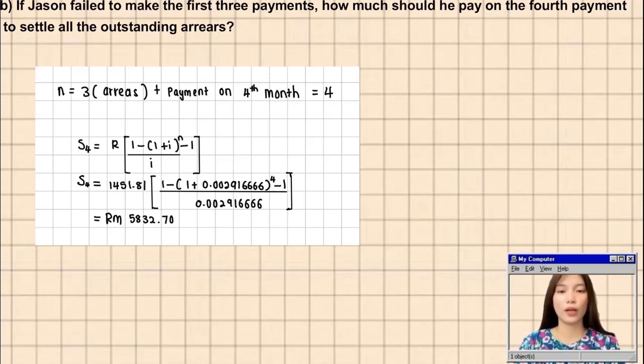S4 equals 1451.81 open bracket (1 plus 0.00291666) power of 4 minus 1 over 0.00291666 close bracket. The answer for question B is RM5832.70.